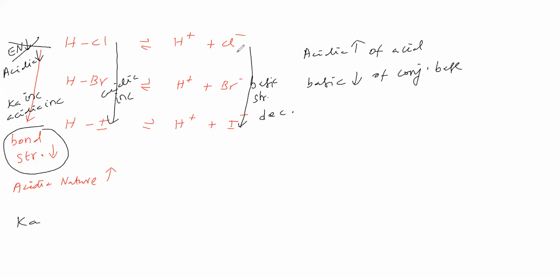So Cl minus is more basic than Br minus, and Br minus is more basic than I minus. I minus basic strength is less when compared to Br minus, but HI acidic nature is more when compared to HBr. So we got an idea of how the acidic and basic strengths vary.